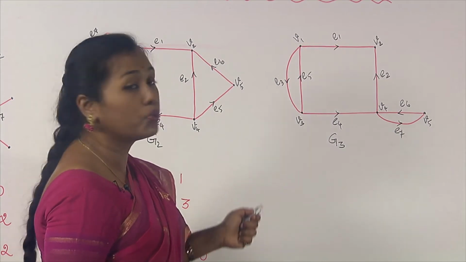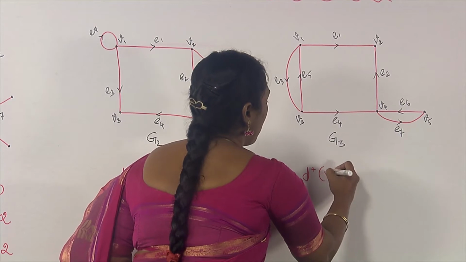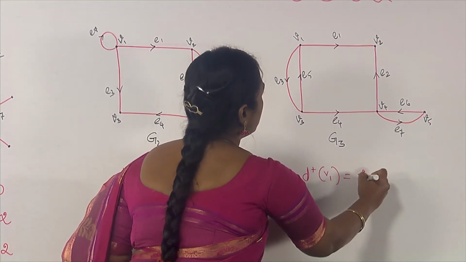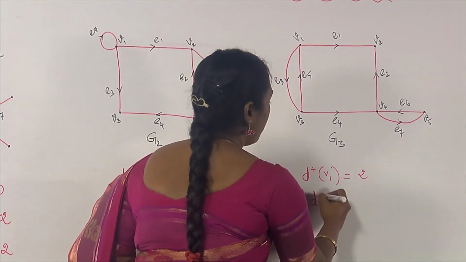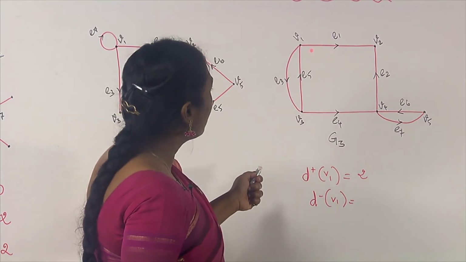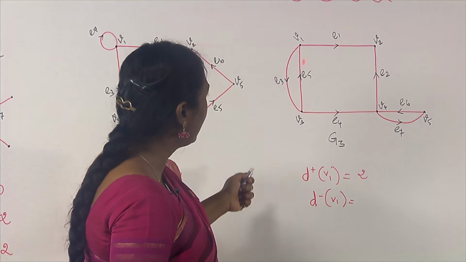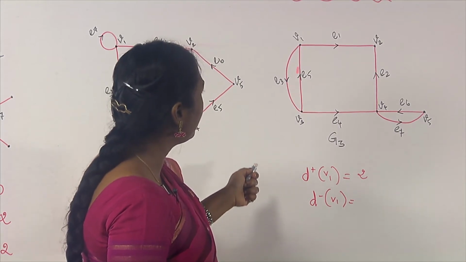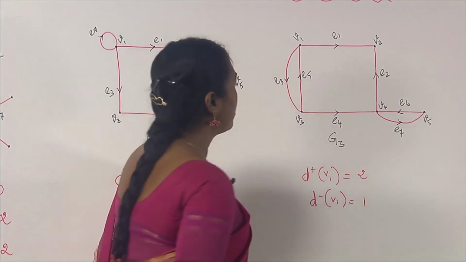So 2 edges. Therefore d plus of V1 is 2. And what is the in degree? So d minus of V1 is, can you spot the edge which is going inside V1? You can see that it is clearly E5. So E5 is going inside V1, and therefore the in degree of V1 is 1.